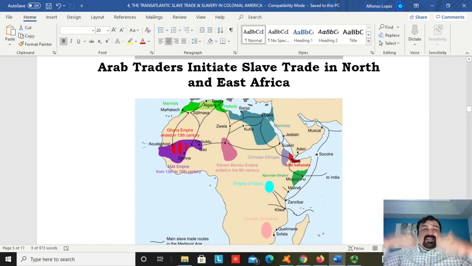So that led the Arab traders to initiate this slave trade by moving into the north section of the continent and also to the eastern section of Africa, East Africa.